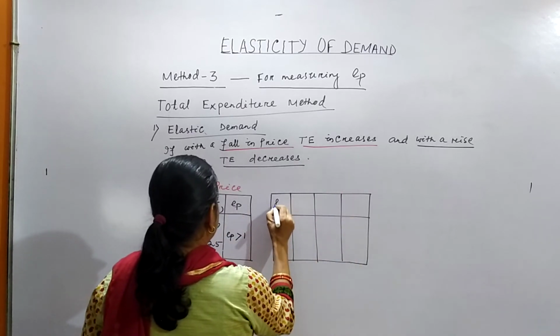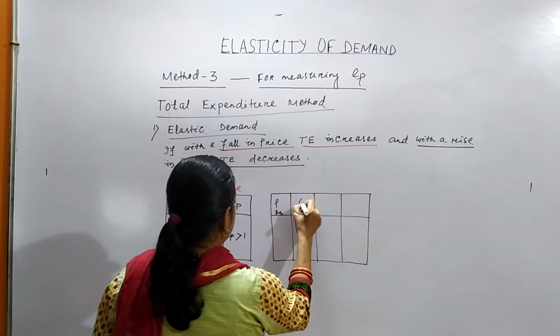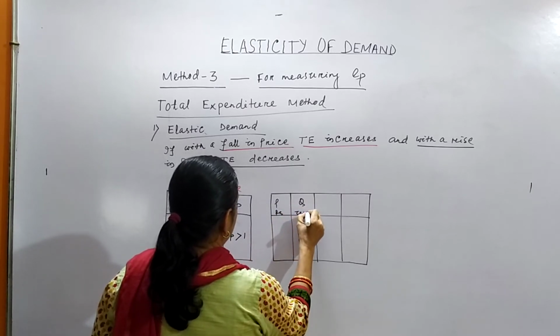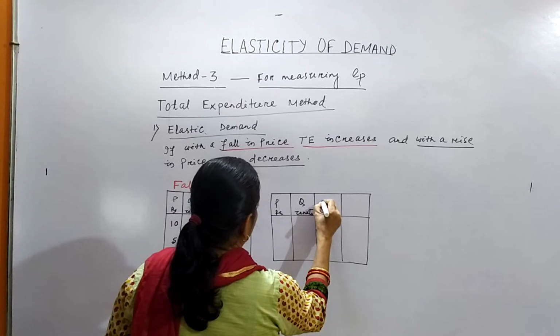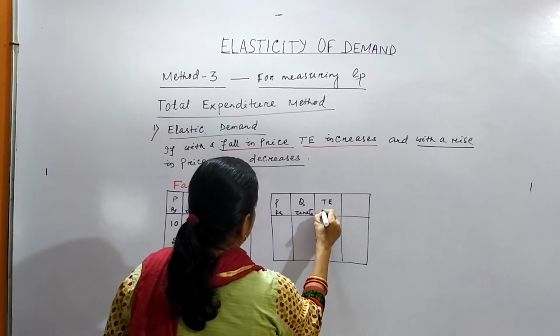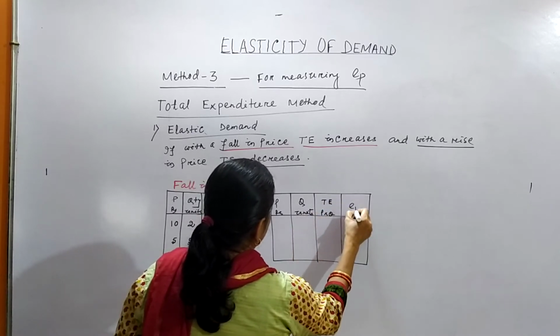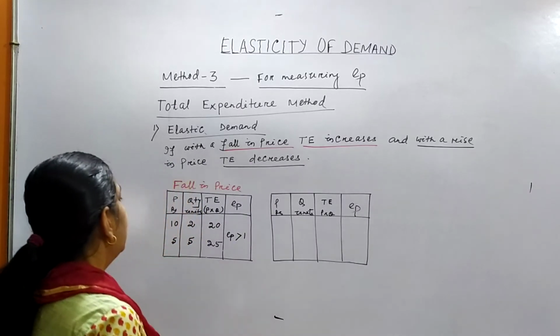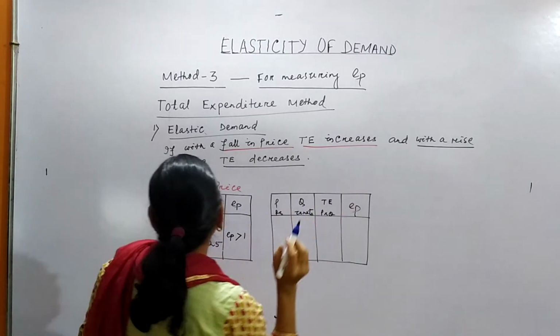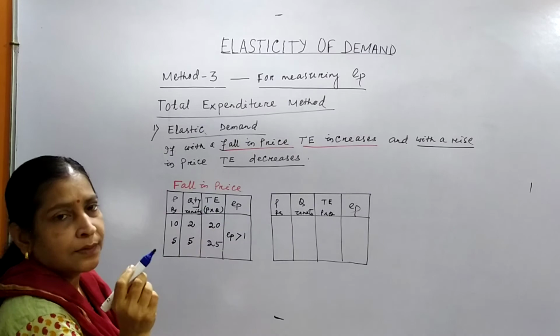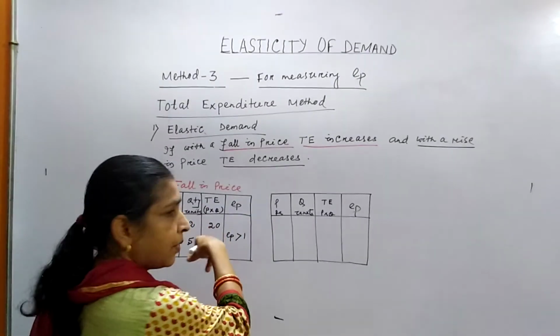This is our price in rupees, this is our quantity in units, this is total expenditure, P into Q, and this is the value of EP. This is a rise in price. Now we will reverse the table.